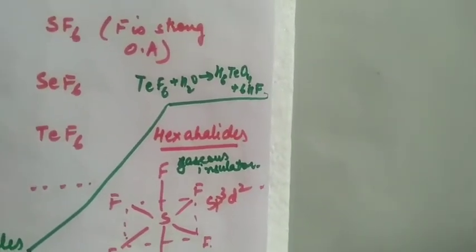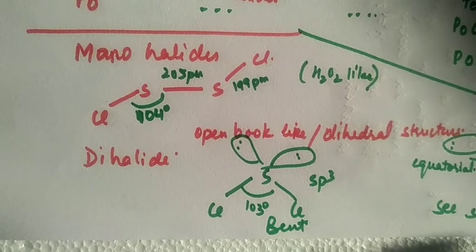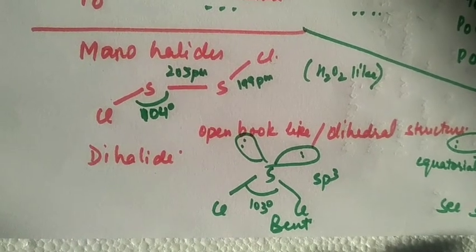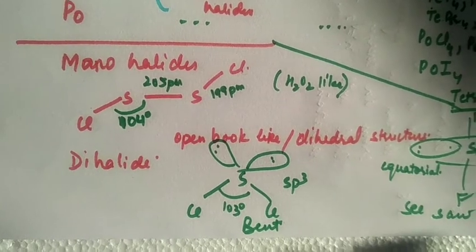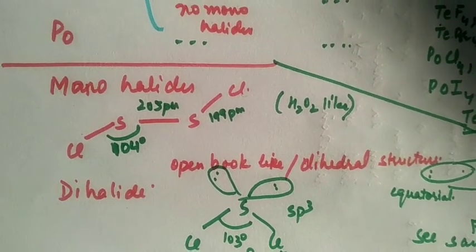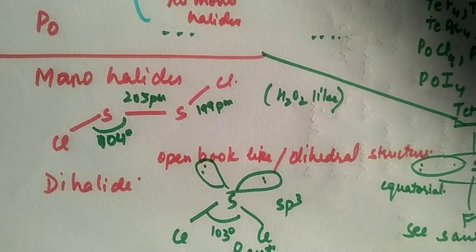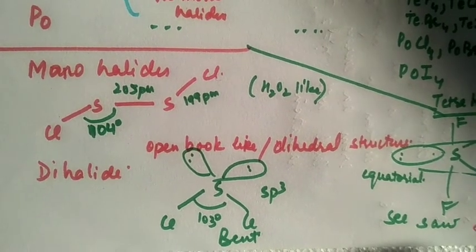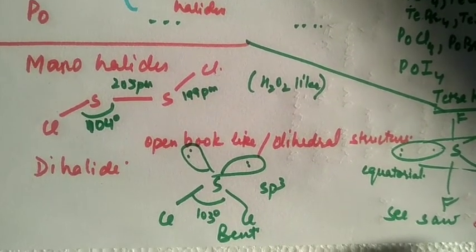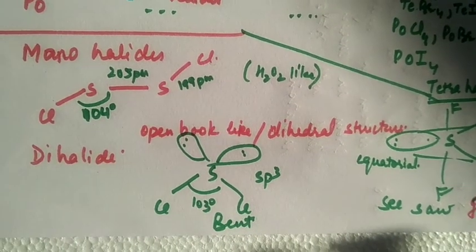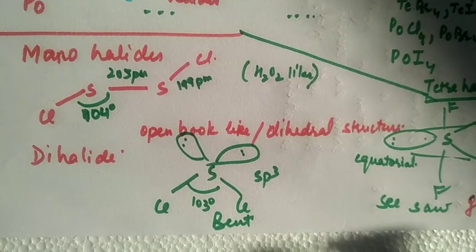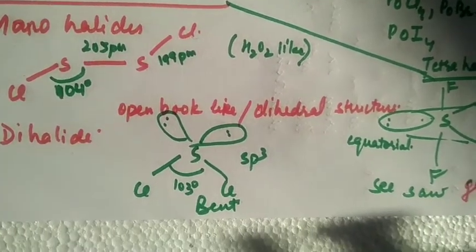Sulfur dichloride has an open book-like structure. It is also called a dihedral structure, where sulfur-sulfur lies in the plane, whereas the S-Cl bonds are below and above the plane. Bond angle 104 degrees. Sulfur-sulfur bond 205 picometer and sulfur-chlorine bond 199 picometer.